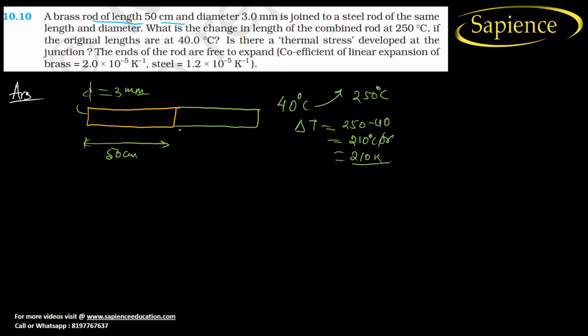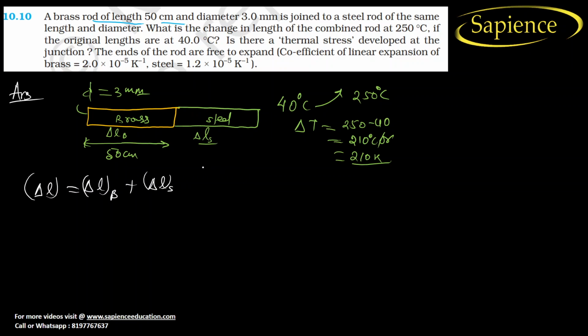Now we need to find the total change in length. Let us consider the change in length delta L, for brass and for steel. So the total change in length, delta L, is equal to the change in length of the brass plus the change in length of steel.